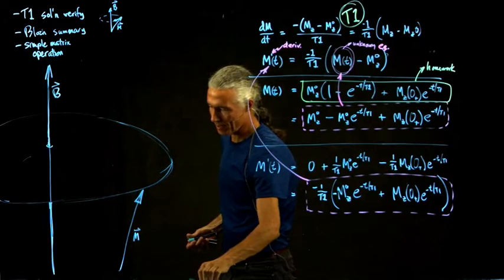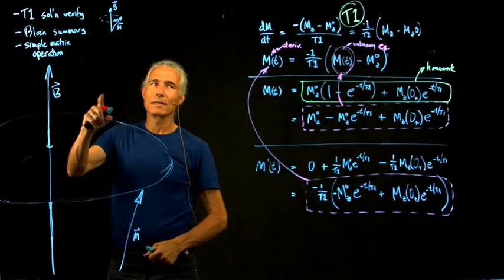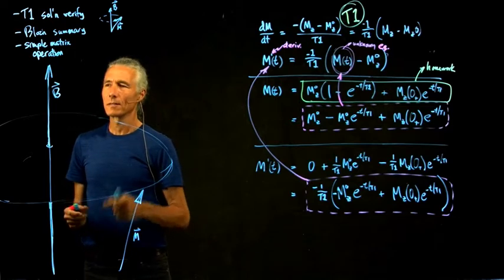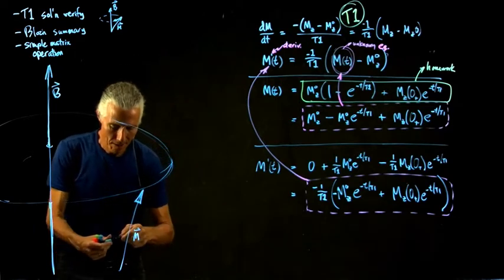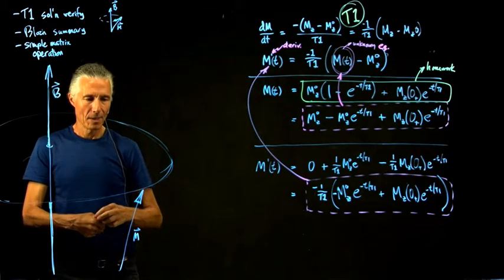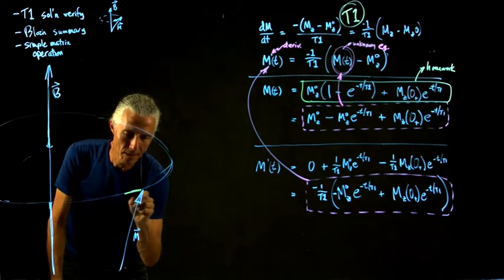The first thing is the precession part, the M cross B part, and that part gives you an update vector like this.